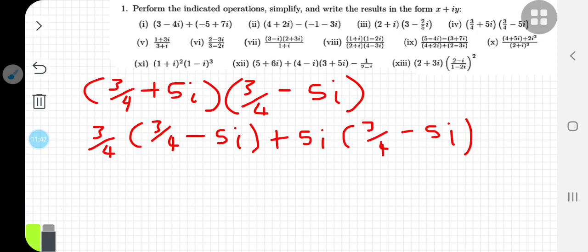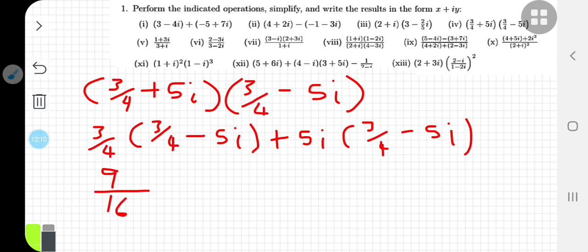Now, what is 3 over 4 times 3 over 4? We just multiply directly. This gives us 9 over 16.